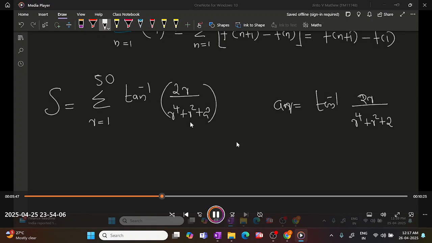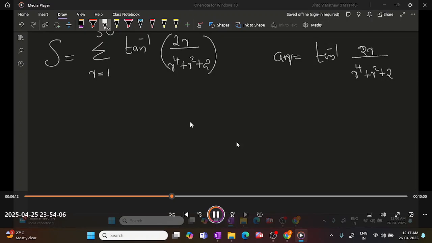So how do we write it as f of r plus 1 minus f of r, or we generally select f of n plus 1 minus f of n. In a problem they won't give the nth term in the form of f of n plus 1 minus f of n. So we have to recognize and write it in that form.